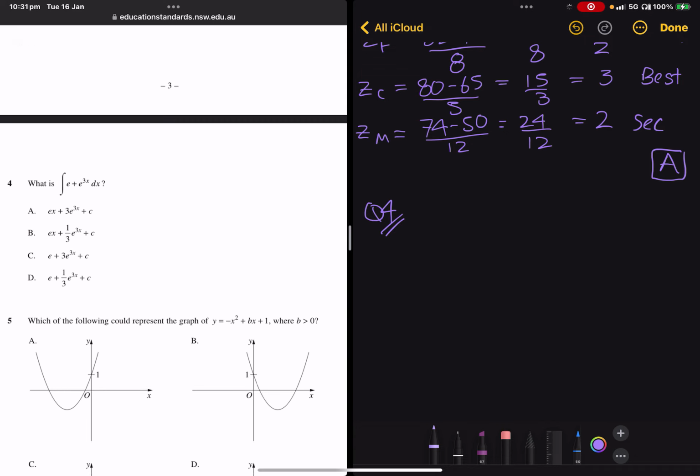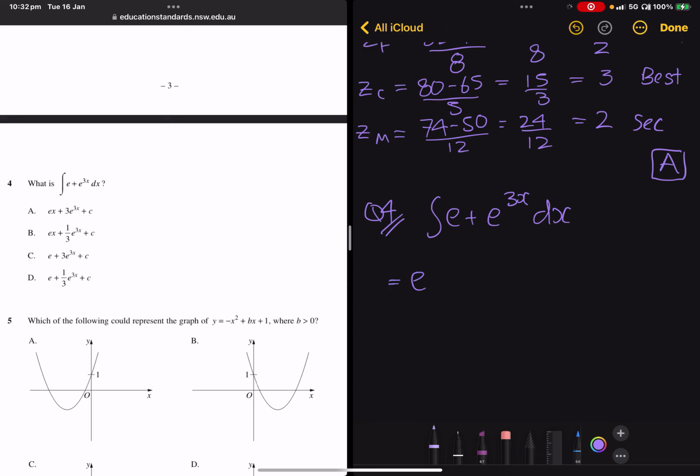So we have a standard indefinite integral. What is the indefinite integral of e plus e to the 3x dx? This is a slight trick question. E, as distinct from e to the x, is actually just a number. So when we're integrating this, we're integrating these two things separately.